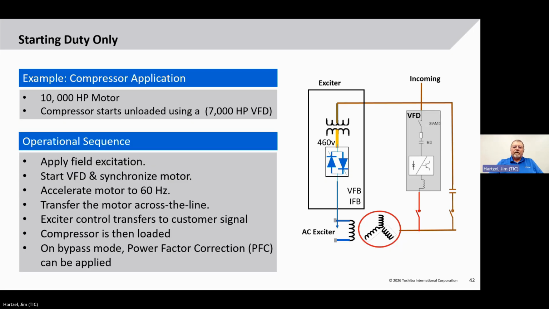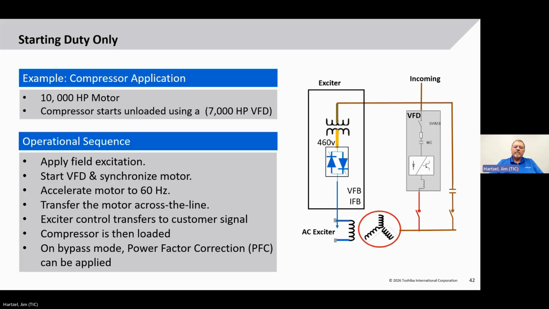Just like we were talking about a while ago, we apply the field, it's synchronized, we bring it up to speed, and we do use what's called a sync bypass circuit to transfer it across the line. Once it's across the line, now they can load it down to the full 10,000 horsepower. And they can also control their power factor, because what we'll do is give control of this back over to the customer.